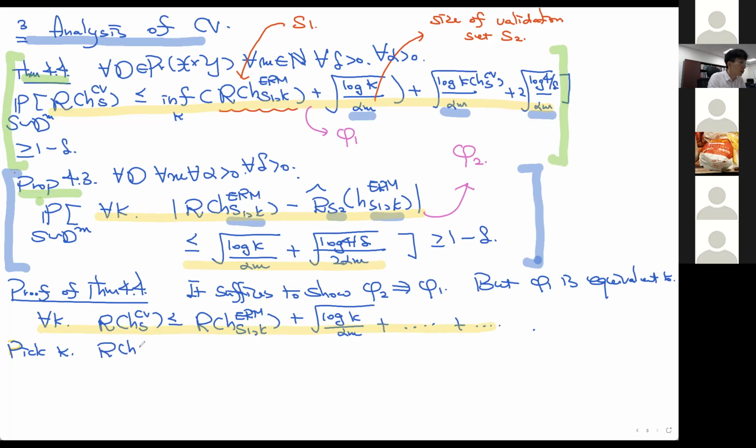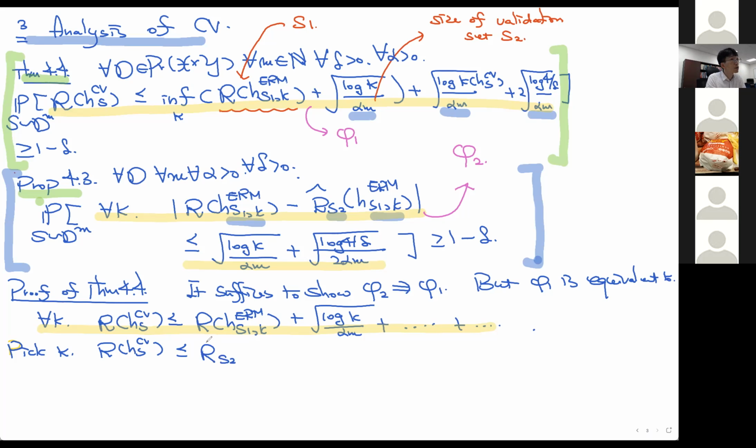R of h_SCB, that is by V1, smaller than or equal to R_S2, because h_SCB is one of the solutions of empirical risk minimization with respect to some hypothesis set.